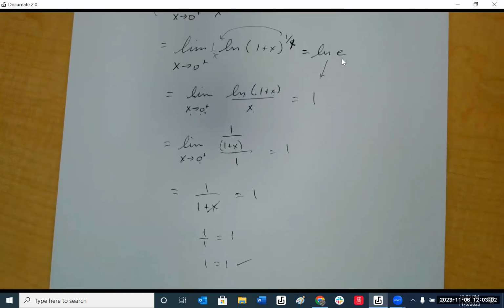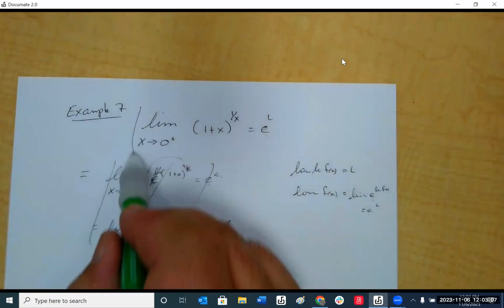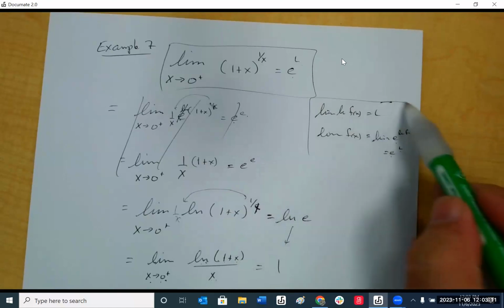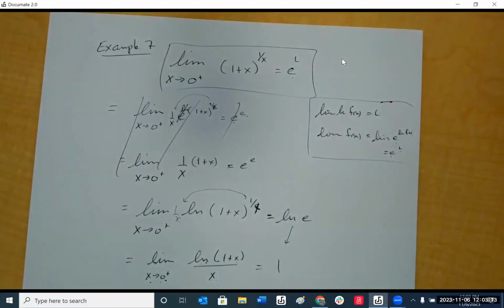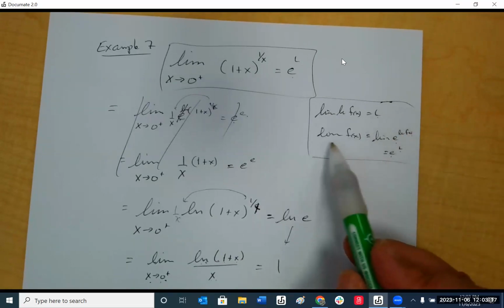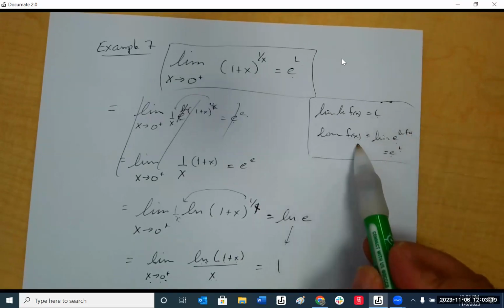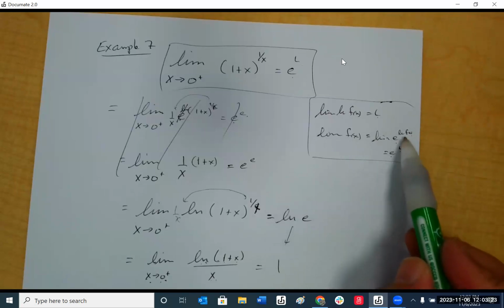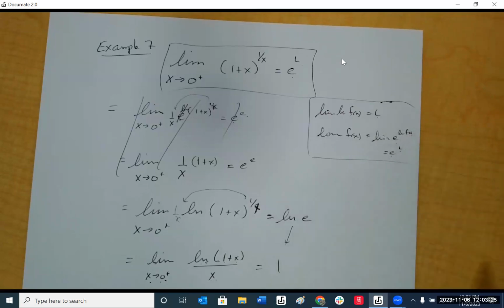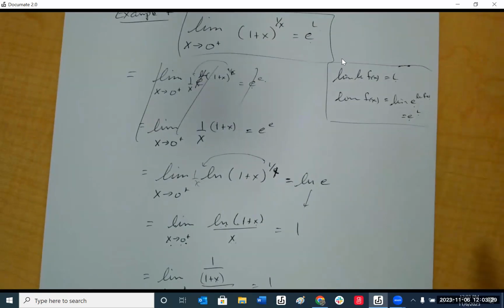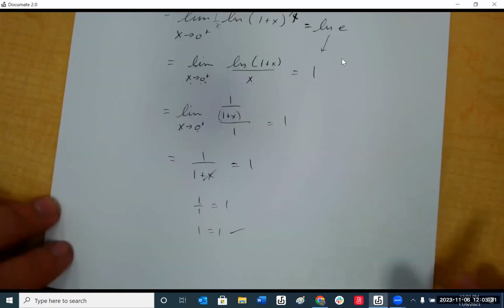Okay. I see. Yeah, because we started off with this, and we followed the formula it told us to follow. The limit of ln f of x equals L. The limit of f of x equals e to the power of the limit of ln f of x, which is what we have here.